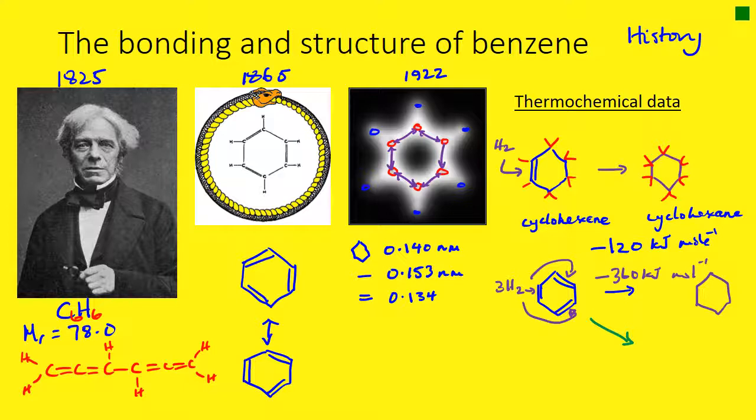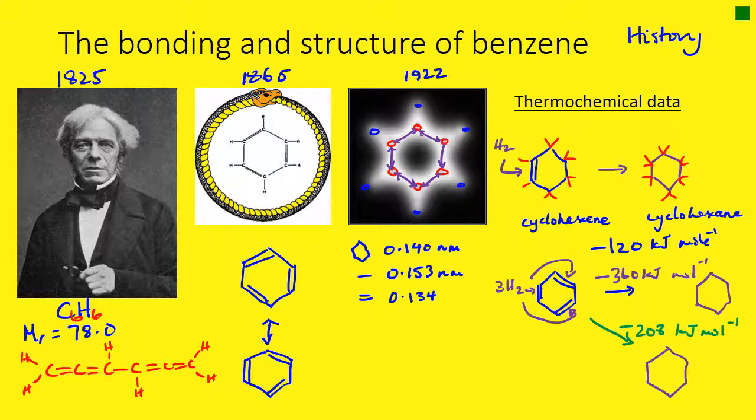Experimentally, they found that hydrogenation of benzene with 3 hydrogen molecules was minus 208 kilojoules per mole, much less than they expected, which they concluded was because benzene must be much more stable than this theoretical 1,3,5-cyclohexatriene.